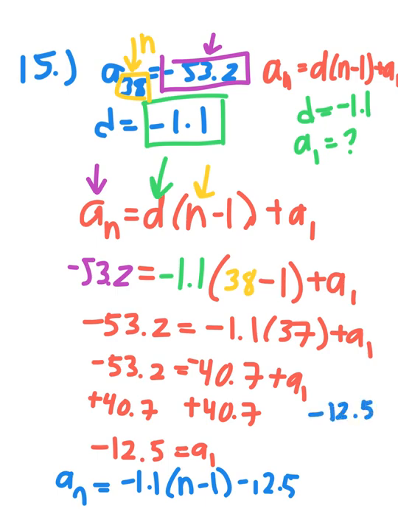Then I would take 1.1 away, so negative 13.6. Take 1.1 away again, negative 14.7, negative 15.8, and I'm going to run out of space, but it's negative 16.9. So those are the first five terms of the sequence.